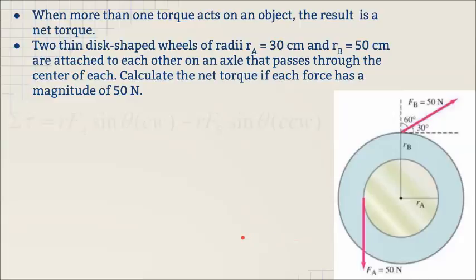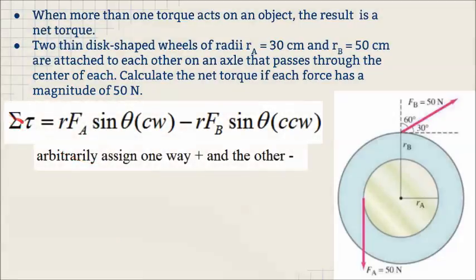Okay, so you're just sort of setting it up this way. So the net torque is the clockwise torque, right? That's going to be the one that goes around this way. So that's going to be the FB. And then we're going to subtract, I got the clockwise and the counterclockwise backwards.